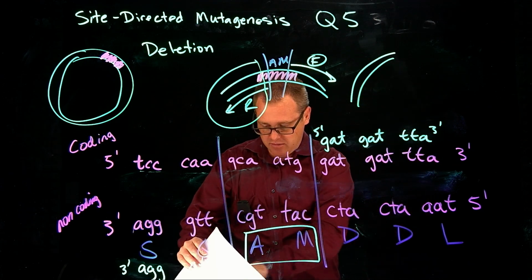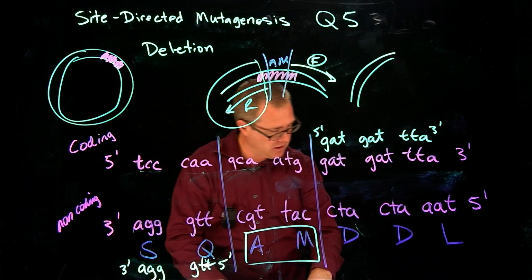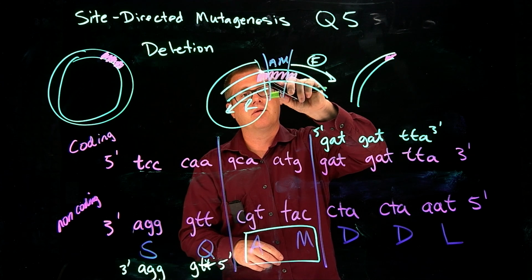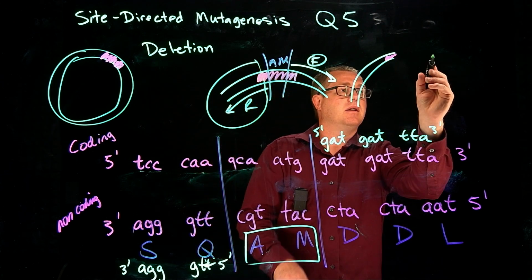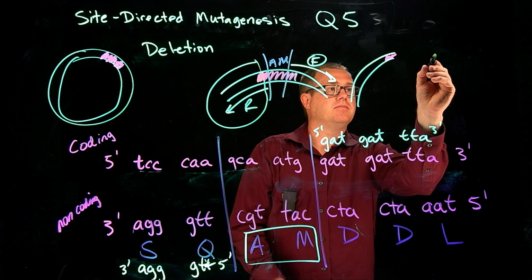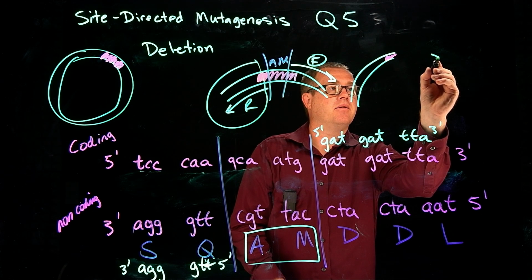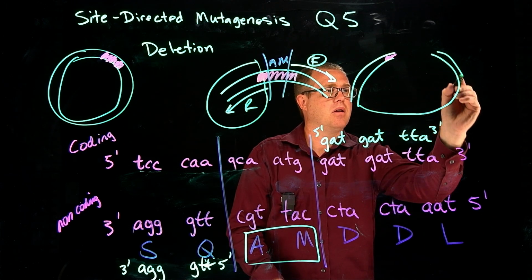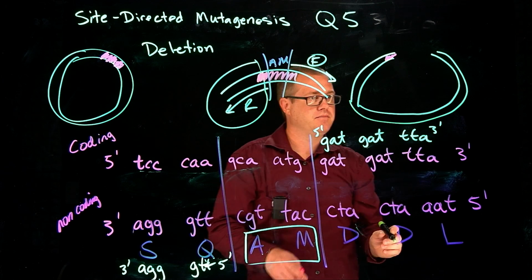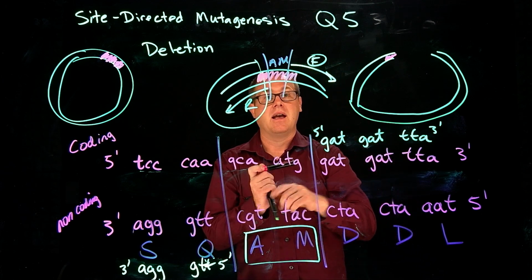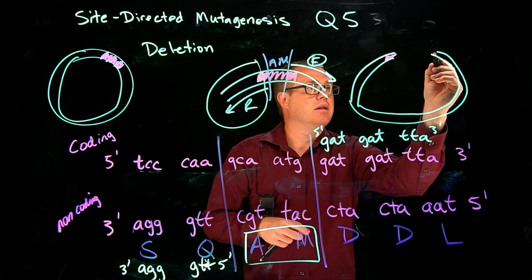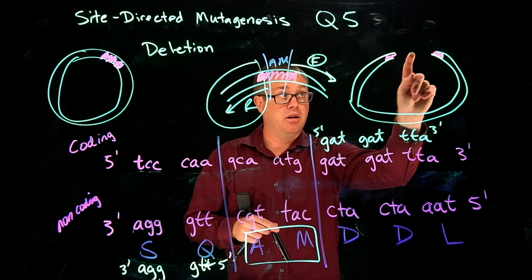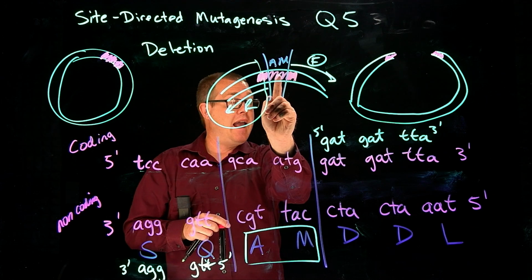We're going to have this little piece, which is from right there. And then we're going to have this piece right here. And so this piece right here is right there. And what was in the middle here was the AM.